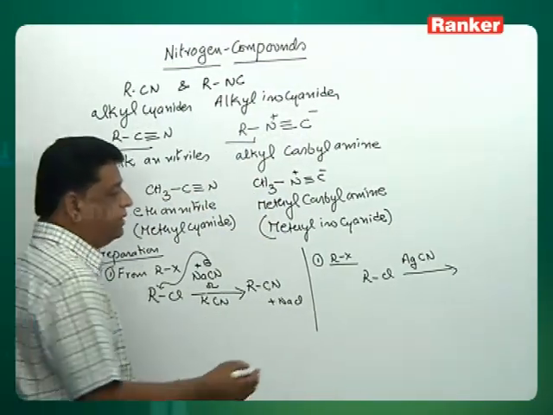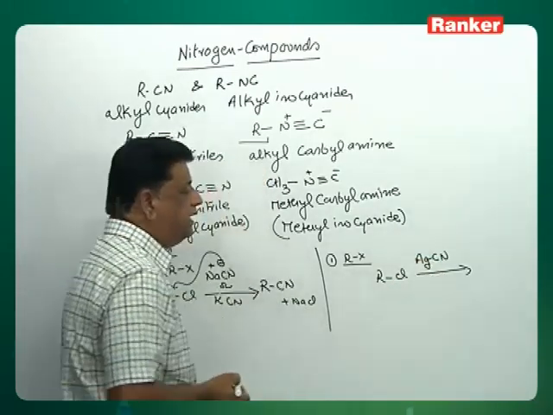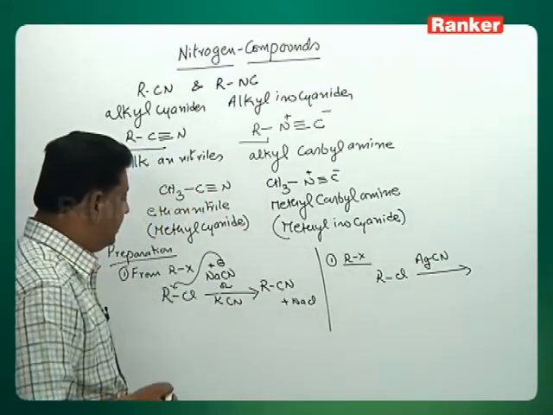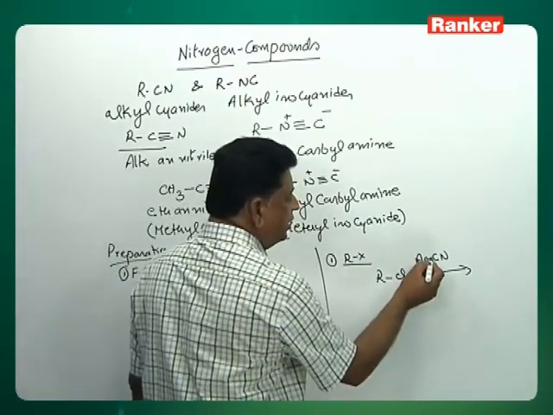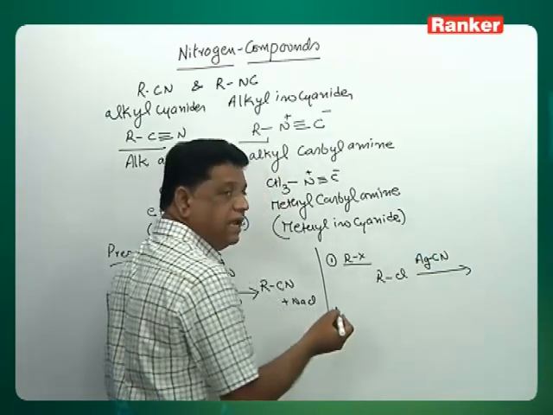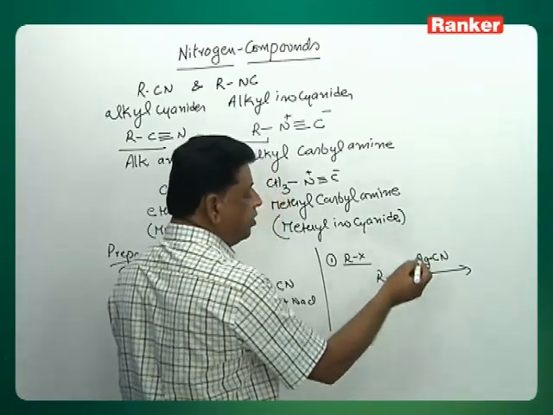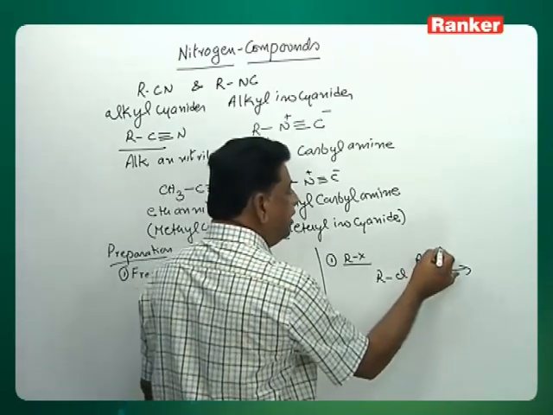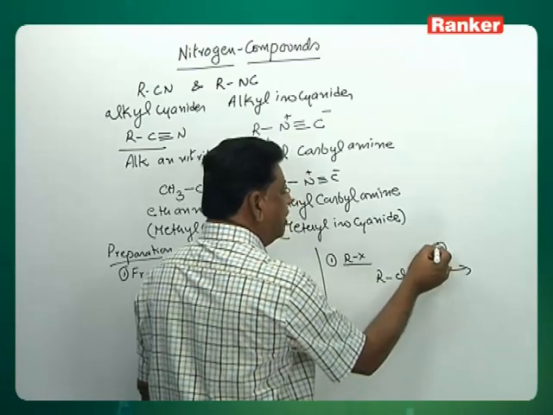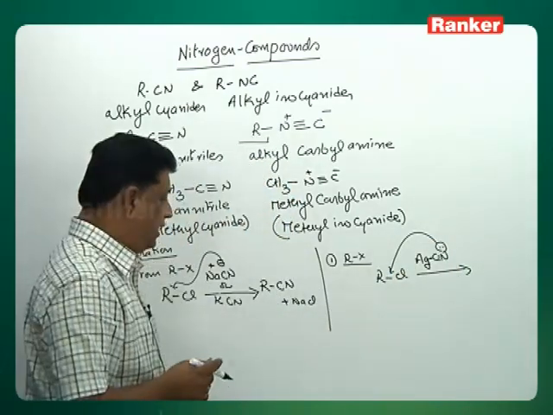In this case, the difference in electronegativity between silver and carbon is less, therefore the bond between the silver and the carbon is slightly less polar, so it has some covalent character. Here a lone pair on the nitrogen takes advantage of attacking as a nucleophile.